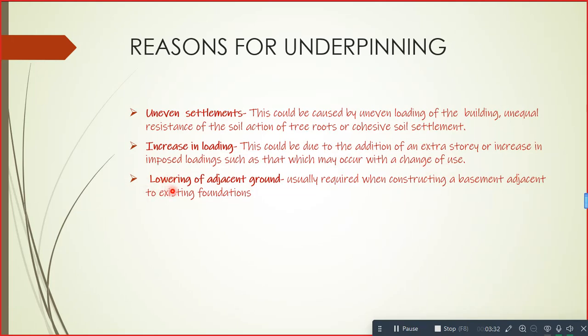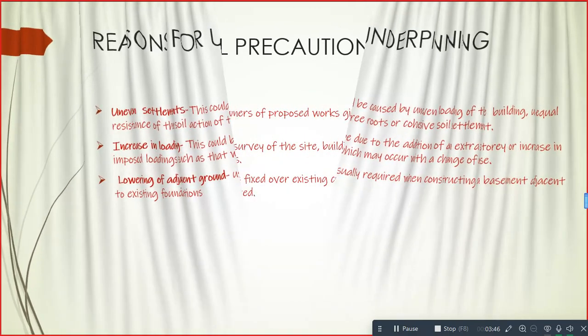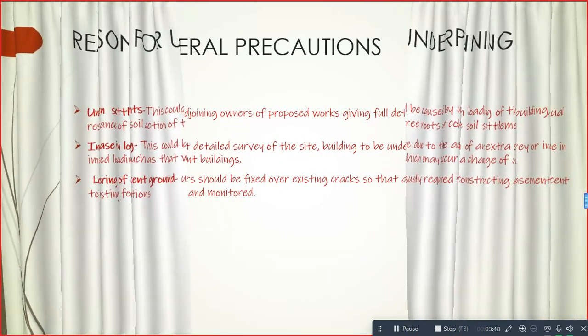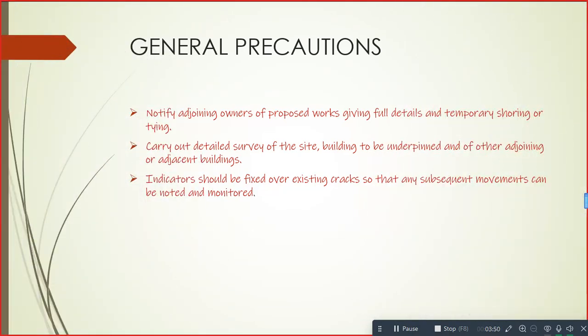Let's continue. There's the lowering of adjacent ground, usually required when constructing a basement adjacent to existing foundations. Now we have the general precautions to be taken before doing any underpinning work, and I would request one member to read us through those precautions.